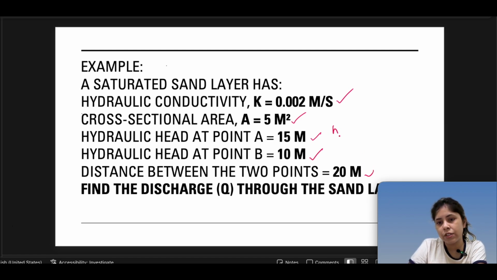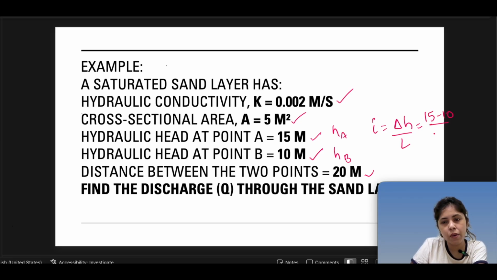So this is HA, this is HB, and I is what? I is the change in head per length. So the change is 15 minus 10 upon length 20. So it's 5 upon 20, and that means it's 1 upon 4.